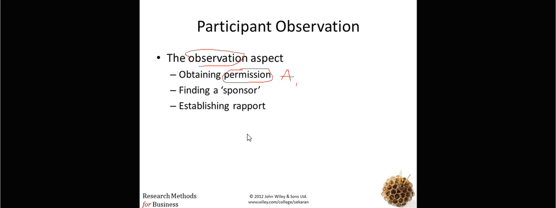Macam kes saya dulu, saya buat PhD, saya lebih kurang 3 month untuk dapatkan permission. Kadang-kadang kita dengar macam tak logik. 3 month untuk dapatkan permission. Why 3 month? Because dia ada 3 level of approval.